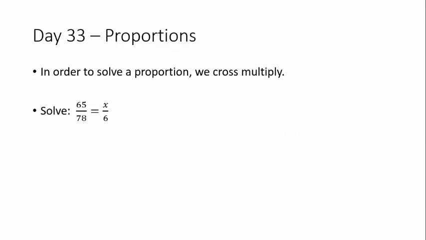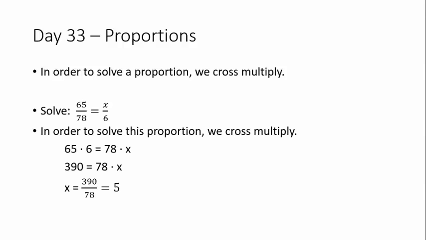In order to solve a proportion, we cross-multiply. We may know 3 of the numbers involved and are looking for the 4th number, as in this case here. We have a proportion set up. In order to solve it, we'll need to cross-multiply. We'll multiply 65 times 6, and we'll also multiply 78 times x.